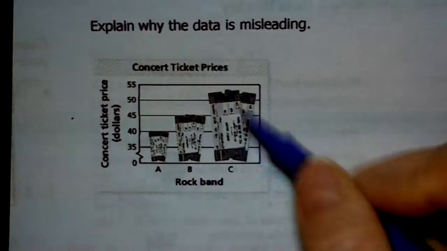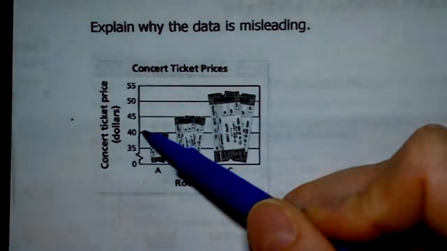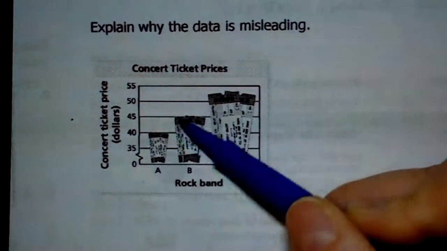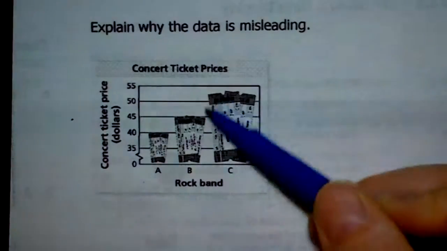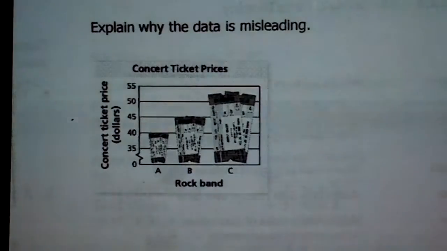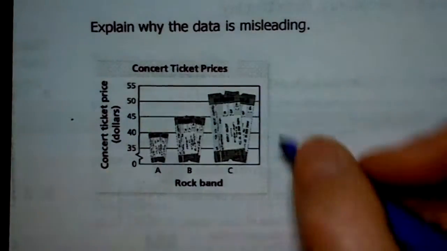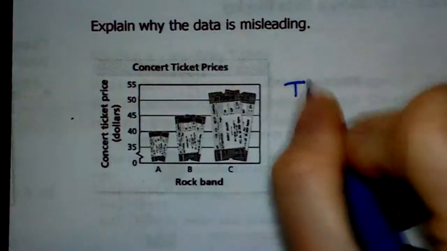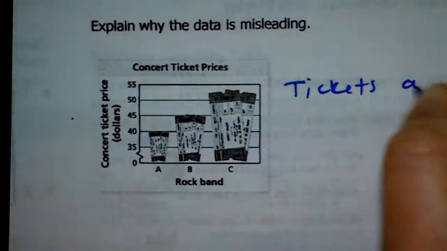Yeah, these tickets are a lot larger. If you're looking at this number scale, these are only $5 more. And these are only like maybe about $7 more than that. But they make it look like there's this gigantic change when you get to see. So this is misleading because the tickets are not the same size.